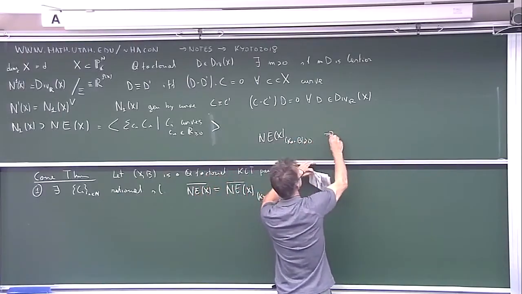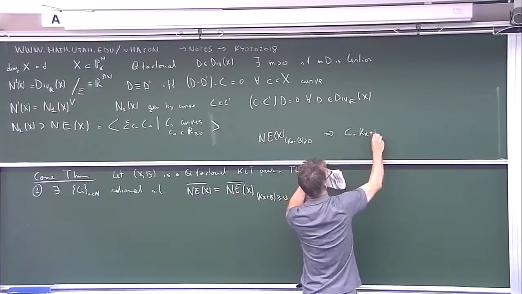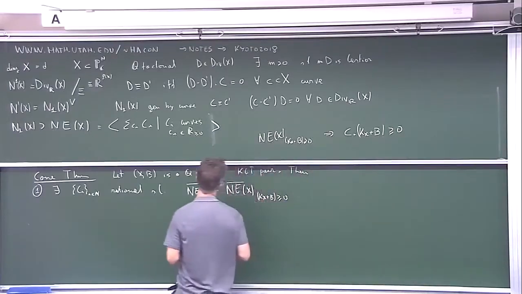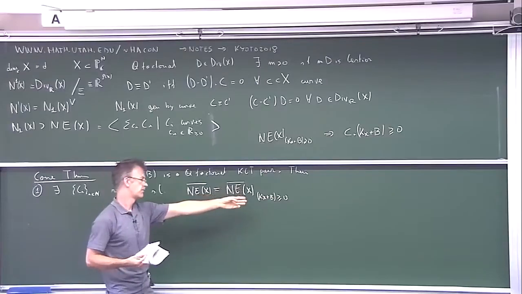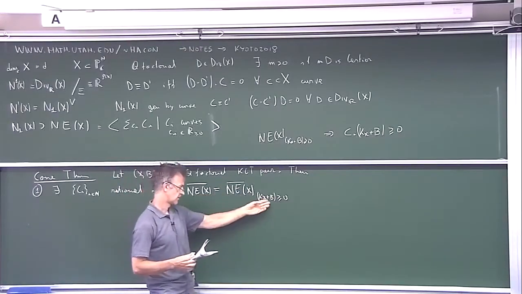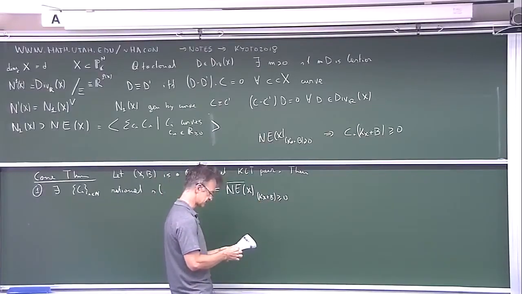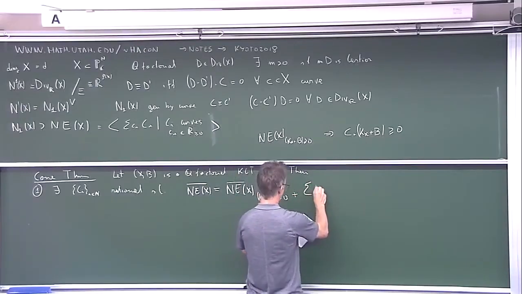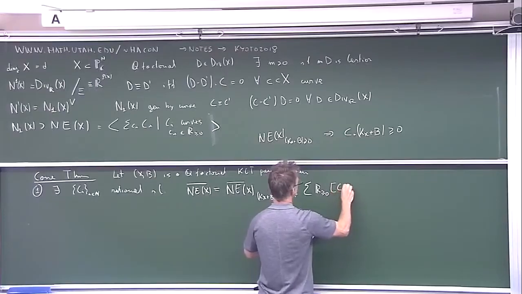This just means the curves C which intersect with K_X + B non-negatively. So this is the part of the cone which is in the positive half space with respect to the hyperplane defined by this element of the dual vector space, plus the sum of non-negative multiples of these classes C_i.